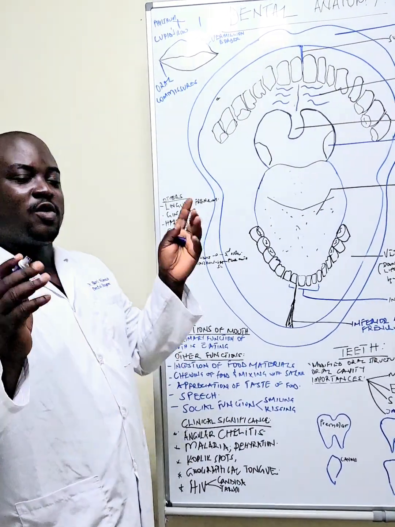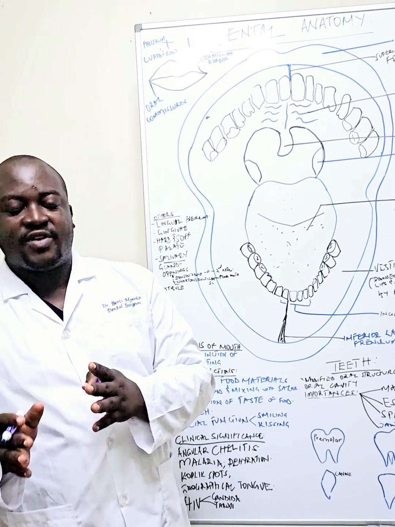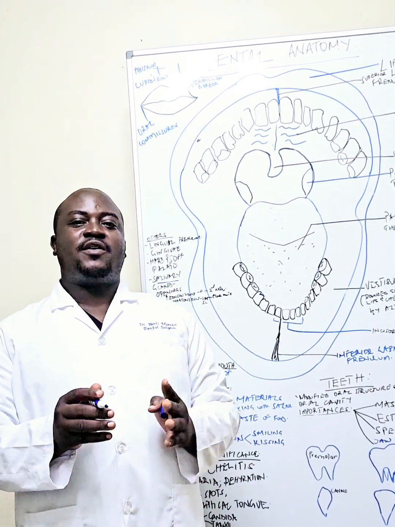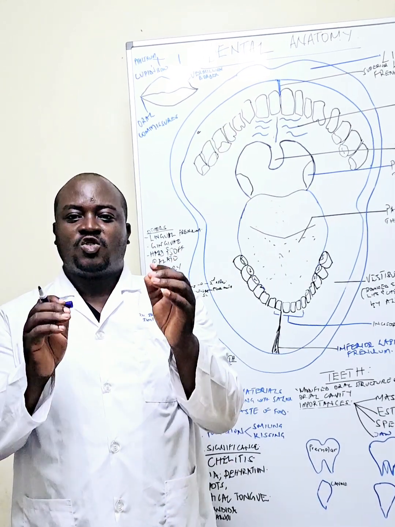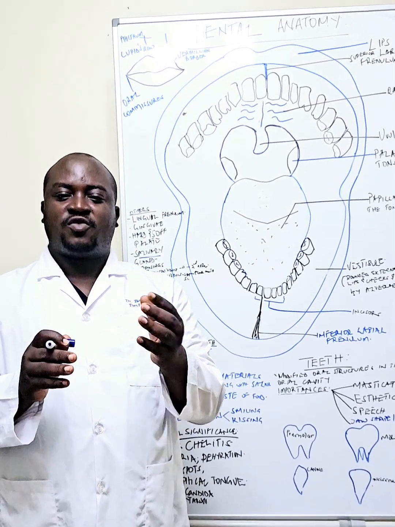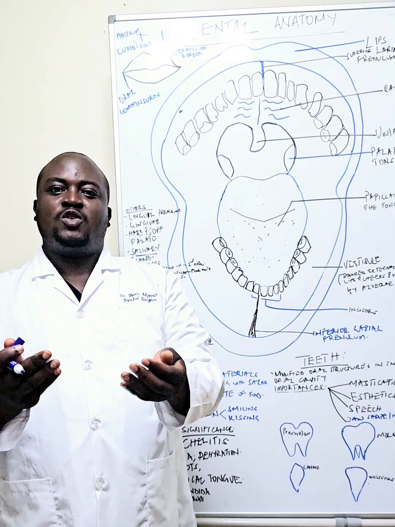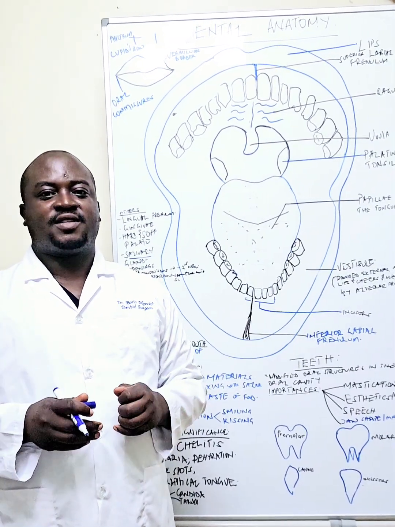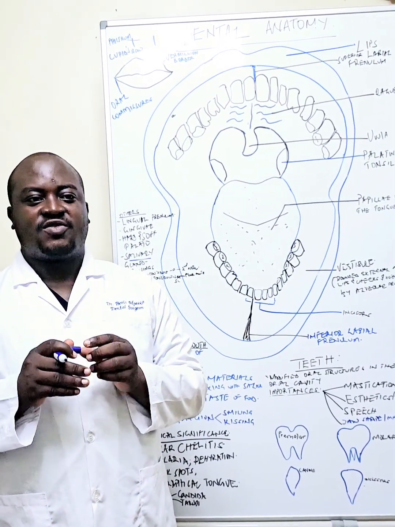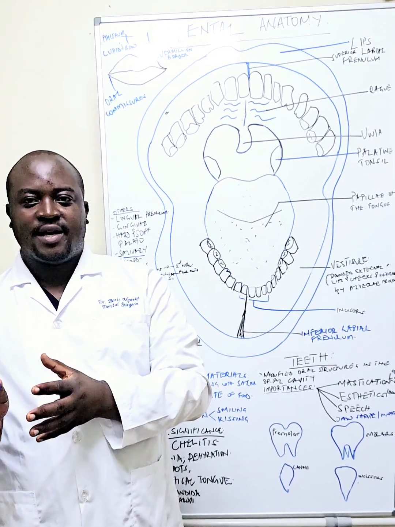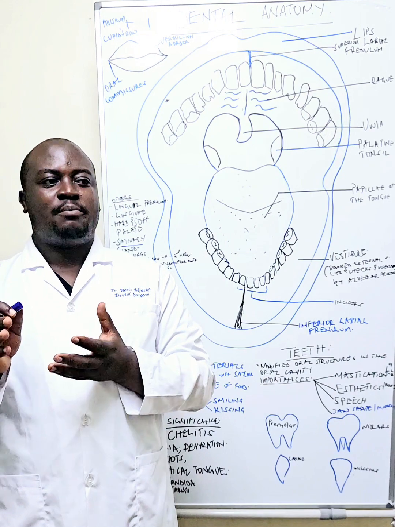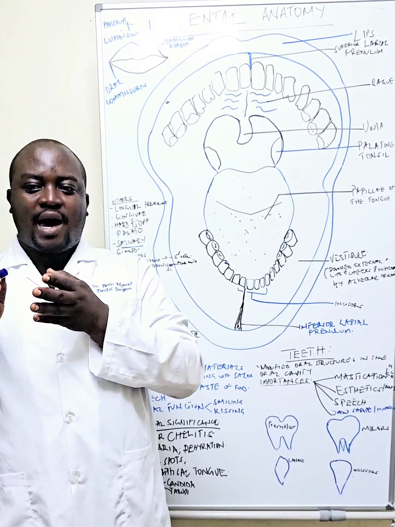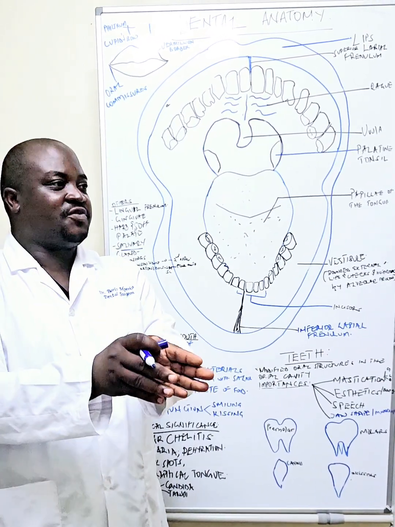We shall also have a time when we talk about salivary glands, but we have our saliva, which is very important in chewing, in mastication. Food mixed with saliva will be able to enter our digestive system. We have a lot of saliva being produced by major salivary glands and minor salivary glands, but we shall majorly talk about how the saliva enters the oral cavity.